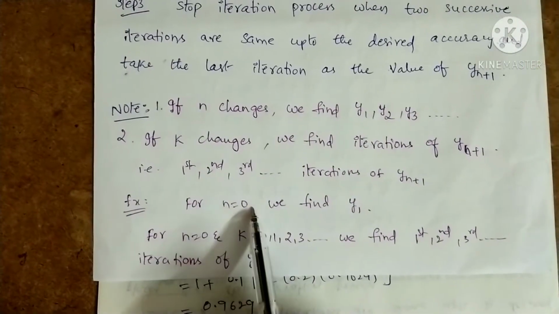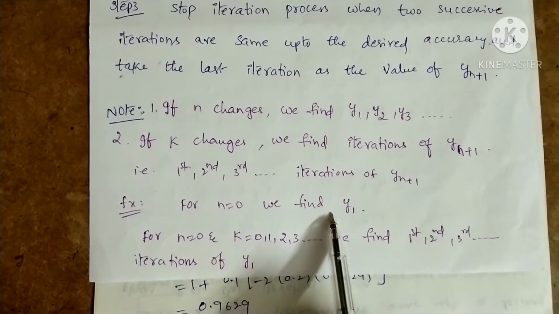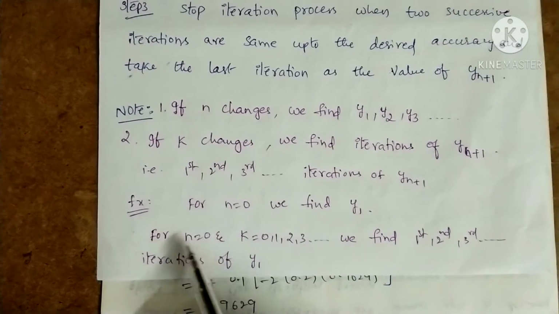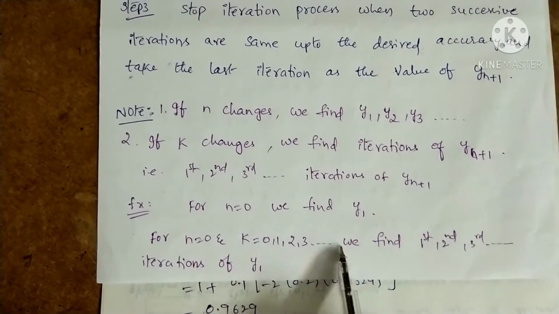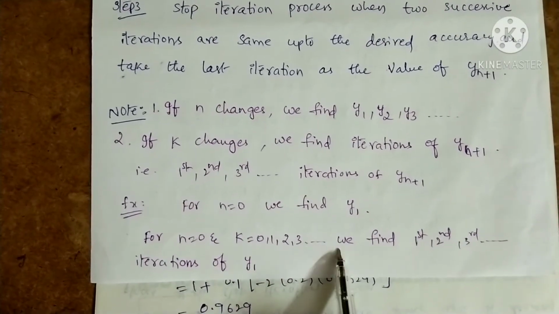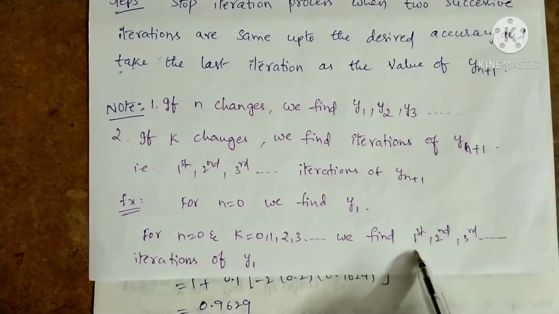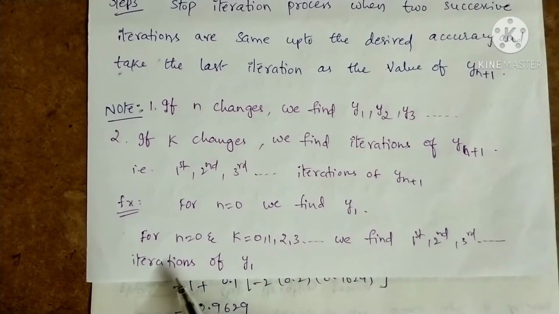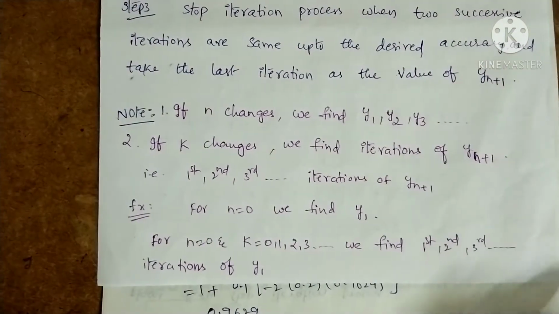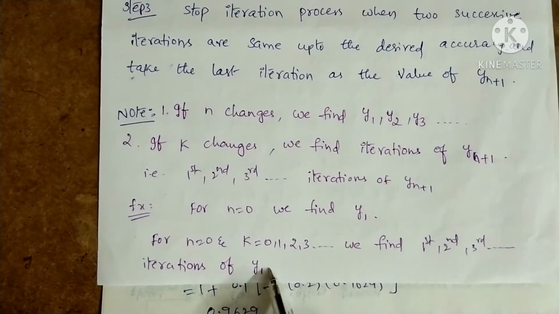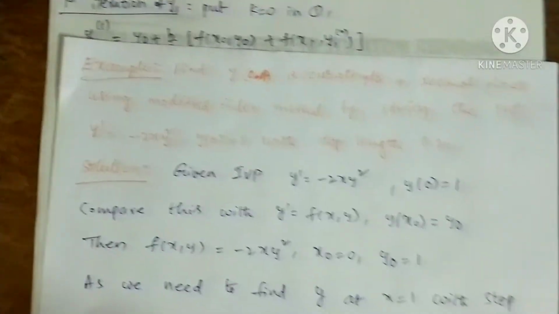Suppose for n equal to 0 we find y1; for this fixed n, the k values can be changed: we give 0, 1, 2, 3 and so on. That means we are finding the first, second, third iterations of y1. We need to stop the iteration process when two successive iterations of y1 are the same.